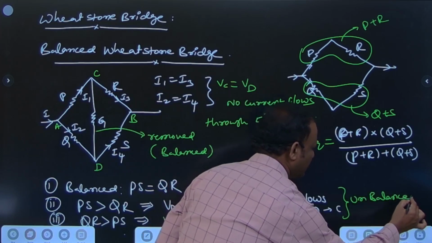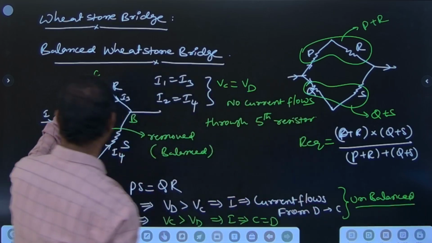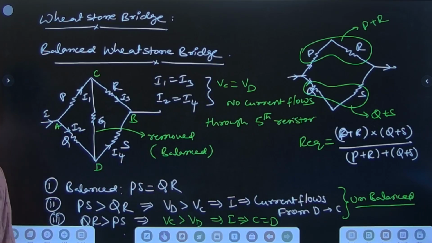The unbalanced condition is where potentials are not equal: either VC is greater than VD, or VD is greater than VC.